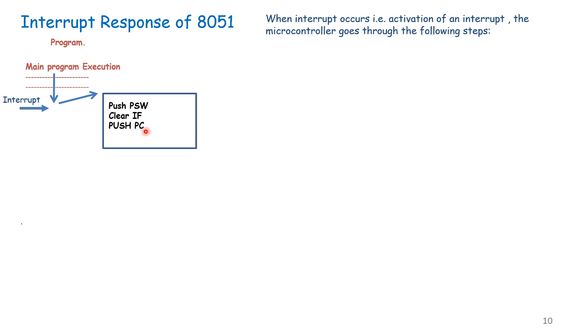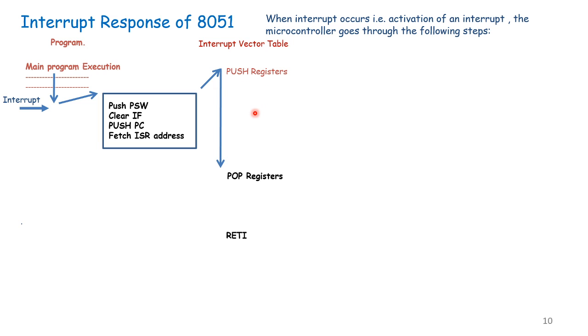This is done by the microcontroller when the interrupt occurs, and the new address of the PC is the address of the ISR from the interrupt vector table. This is where the interrupt service routines are stored, and the instructions at that address are executed by the microcontroller.